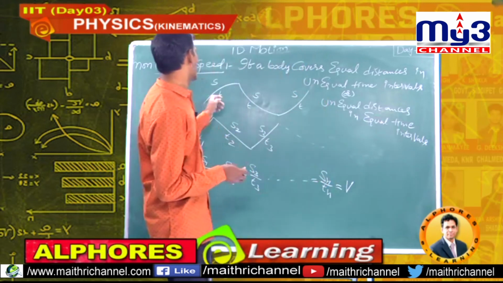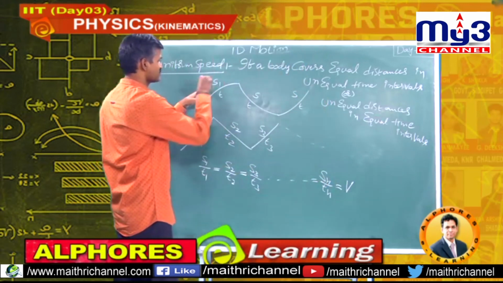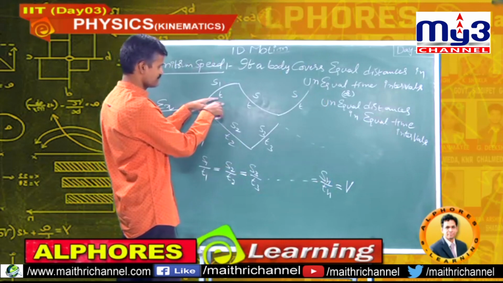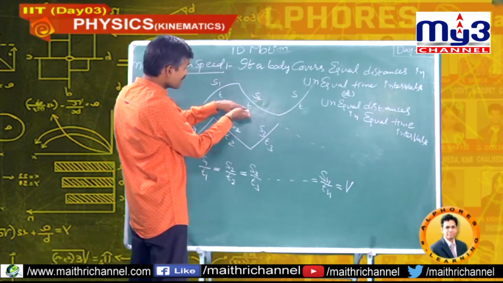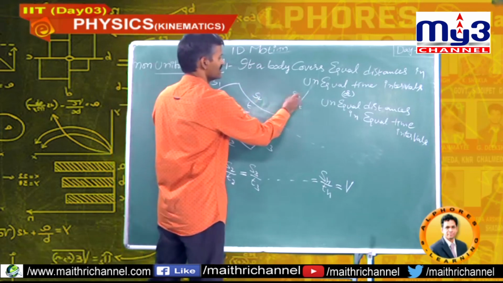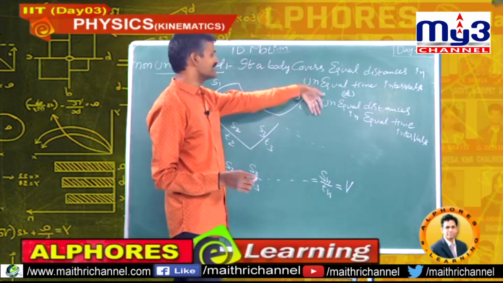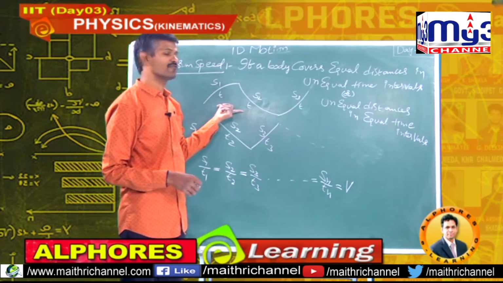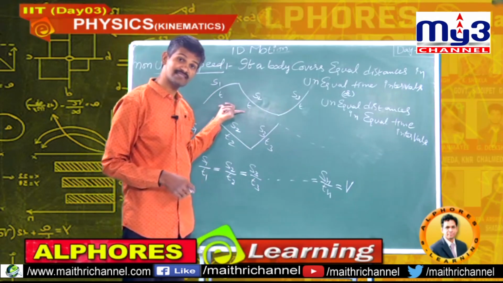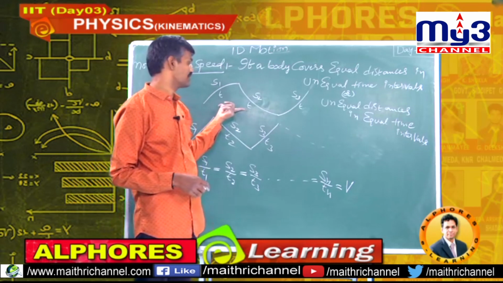Suppose a body travels some S1 distance in T1 time, S2 distance in the same T time, S3 distance, and the journey continues like this. Then that case is treated as non-uniform speed.